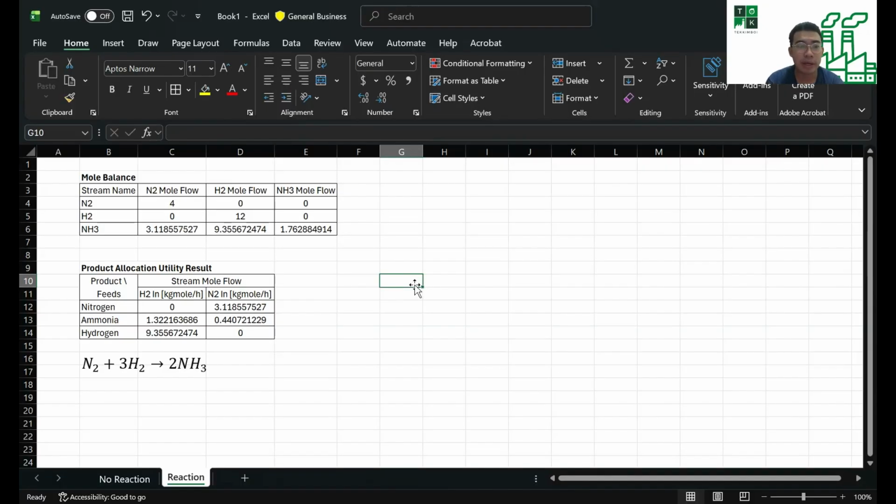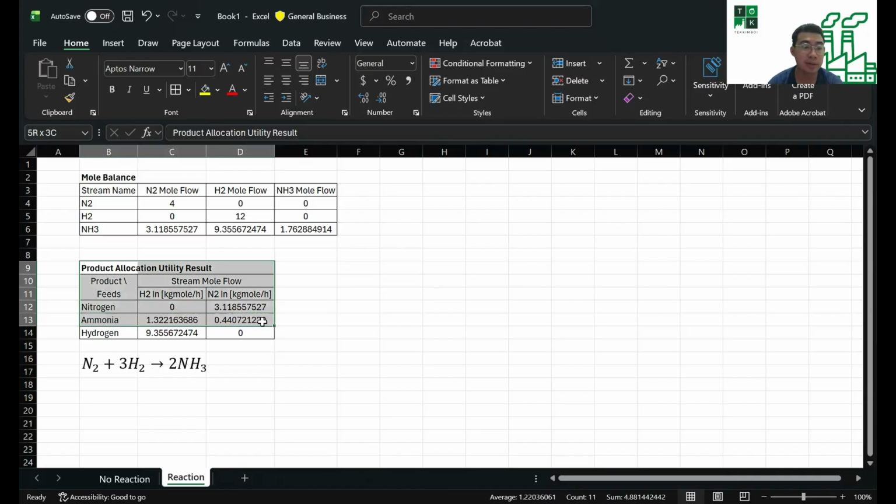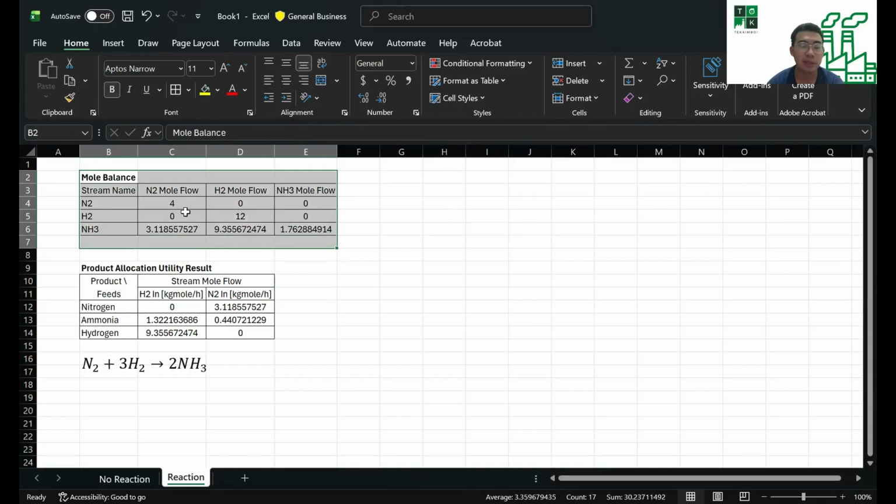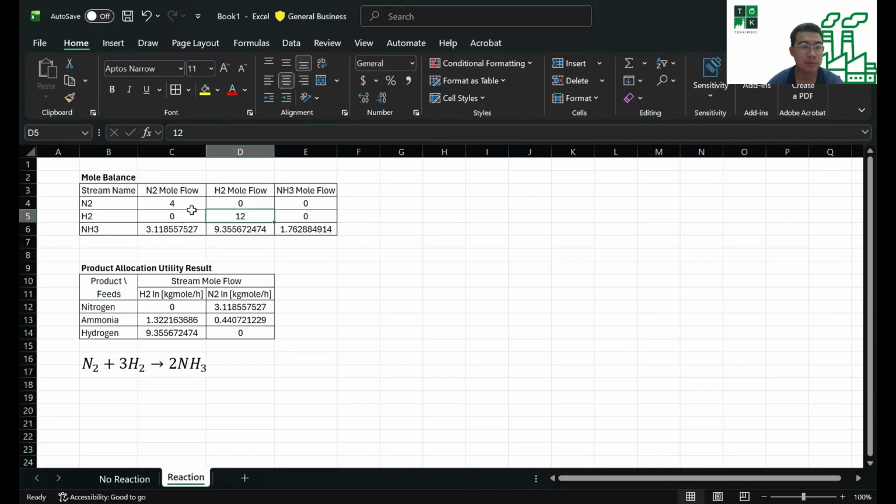All right, so in my Excel, I have copied the production allocation utility result and also the mole balance. So I have copied from the stream for the NH3 stream, N2 stream, and also H2 stream. Okay, so let's analyze.